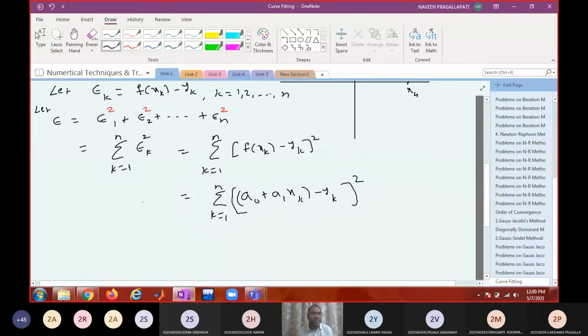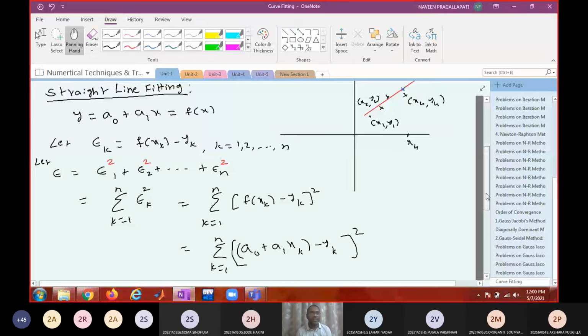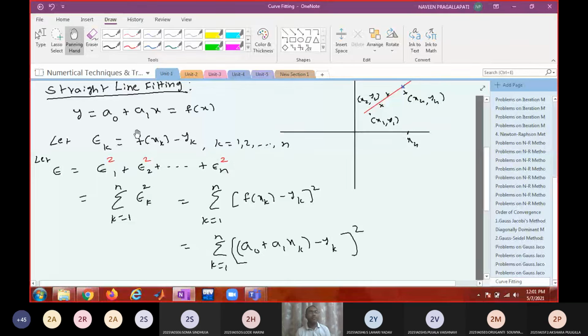In this expression, what are the unknowns? We don't know this equation, right?